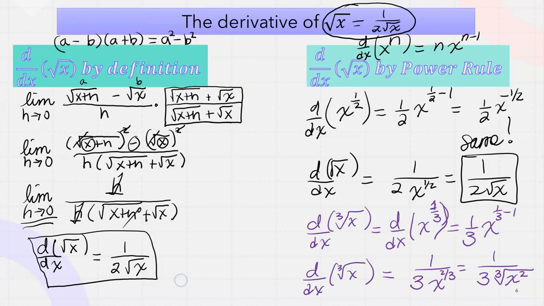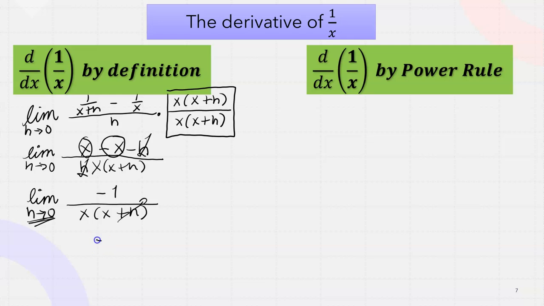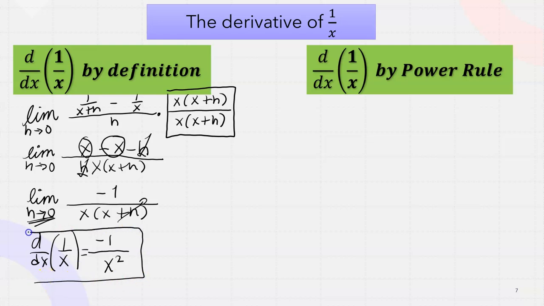So the numerator would be negative 1, and the denominator would be x squared, and that is the derivative of 1 over x. And this is another derivative that you should know, just like the derivative of square root of x is 1 over 2 square root of x. We should know the derivative of 1 over x is negative 1 over x squared.